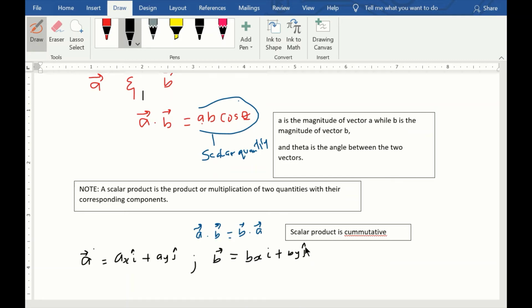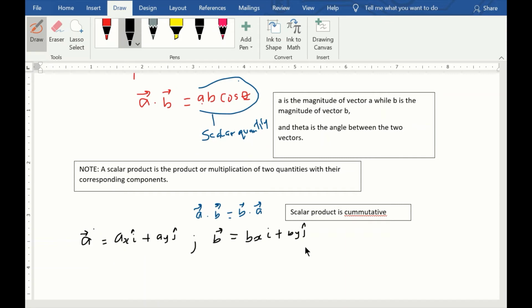Now, how do I use dot product? Remember, I said that scalar product is the multiplication of two quantities using their corresponding components. So if I am to find the scalar product of A dot B, very simple.